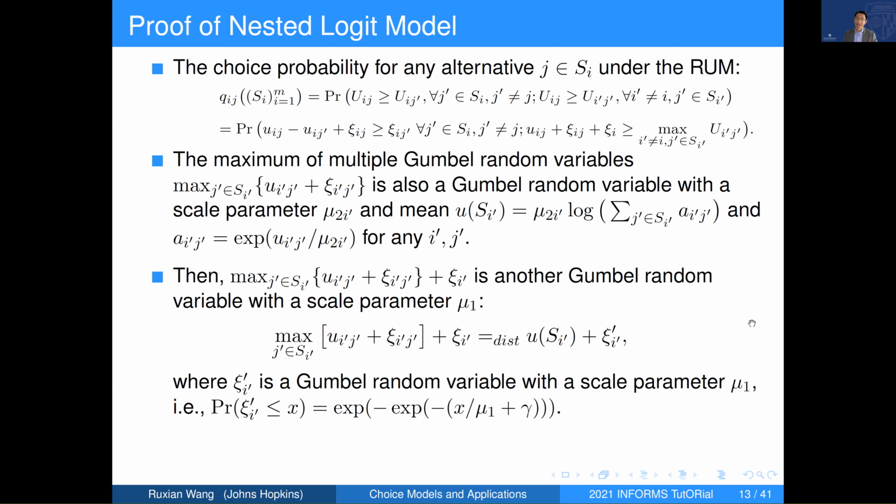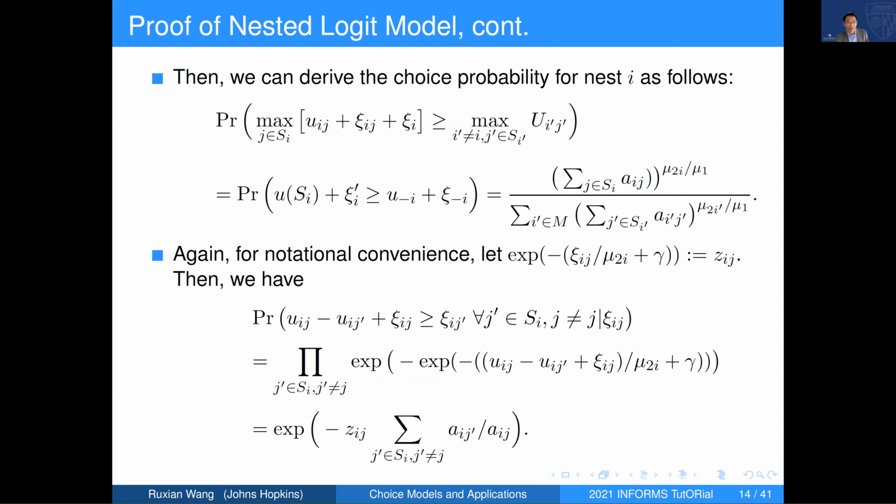So that's why we can consider the maximum of the random utilities for all the products in the same nest as a new random variable. We first find the choice probability for the nest, and then we work on the choice probability within the nest. Basically, here is the structure for the nested logit choice model.